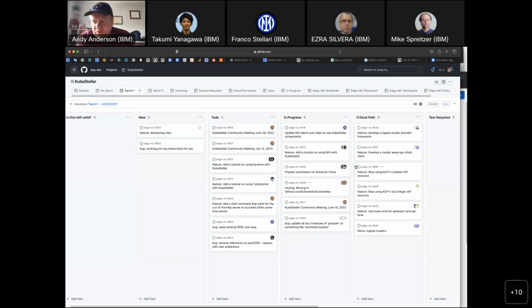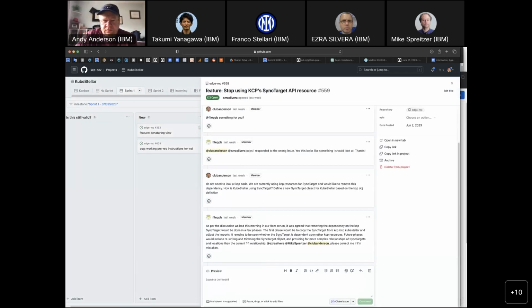Okay, so we got critical path. So bottom up, logical clusters, use kubebind API export, stop using KCP sync. Okay, let's go through the stop using. I don't think we have any progress on either one of those. No, I think that I was working offline with Robert, and I think he's making progress.